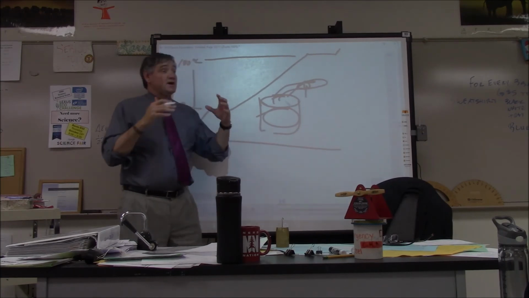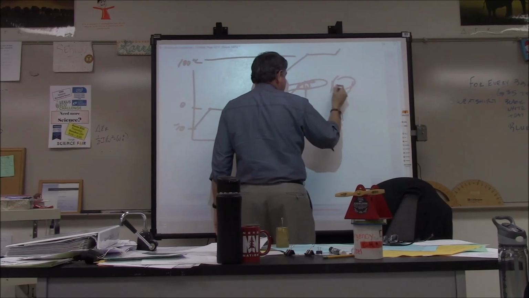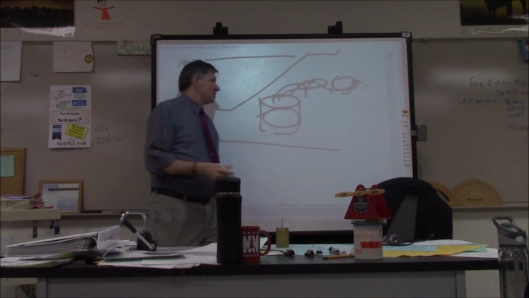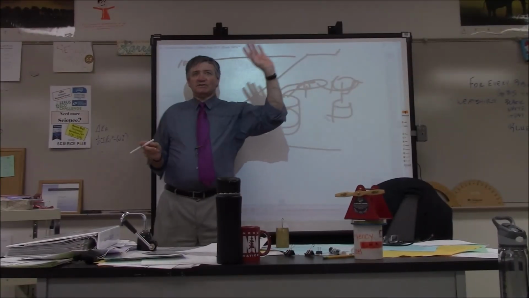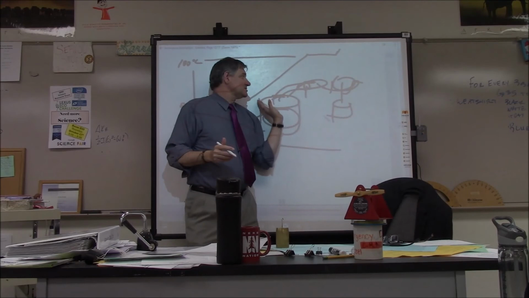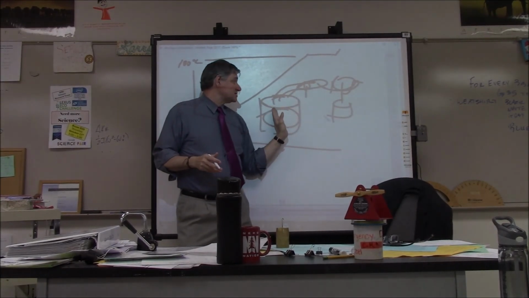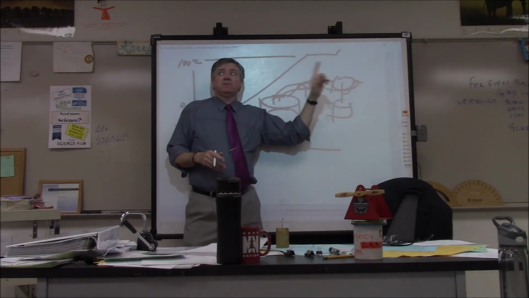Now you have steam with all this kinetic energy. Then it hits a turbine and makes the turbine spin. This is hooked up to a rotor to generate electricity, and we can make toast. But here's the problem. It's horribly inefficient because you've got to heat up the water, heat up the steam, and then do this.